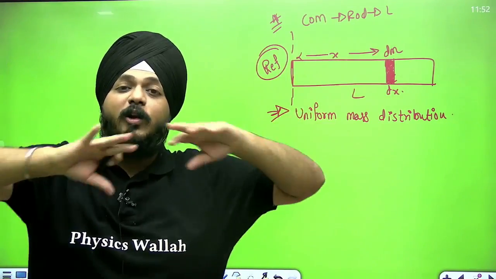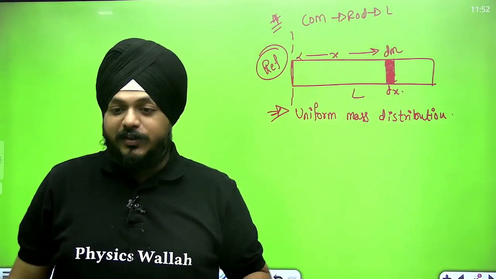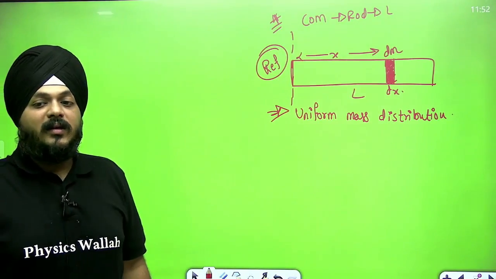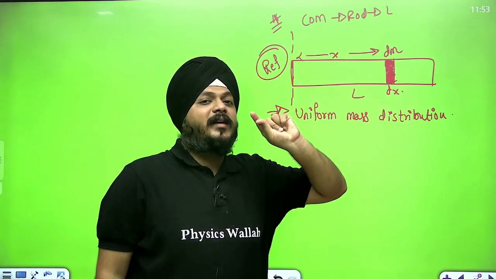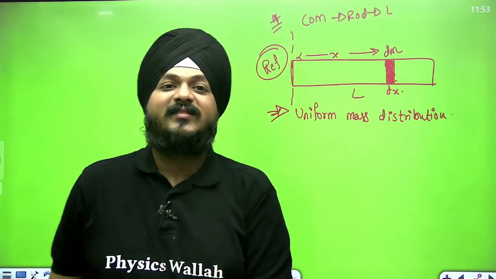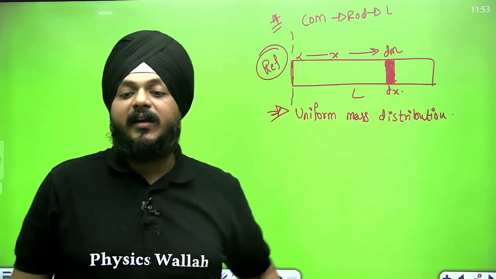It can be circular or anything. In the universe, an infinite number of bodies with infinite configurations are present. So for that, this small elemental mass is needed. The small elemental mass is always a straight line, and using this we are going to integrate and reach the results.